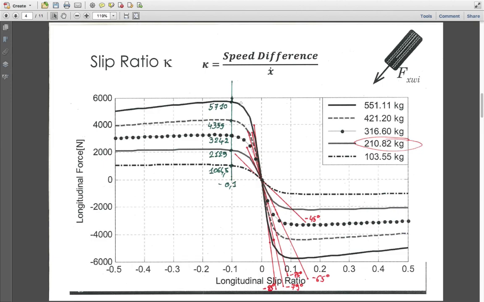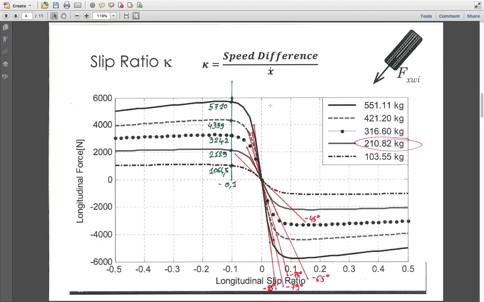Well, you can clearly see that the value drops with increasing longitudinal slip ratio. However, the maximum points are at a somewhat constant x value, or a constant longitudinal slip ratio value, of minus 0.1, or if you look at the other side, plus 0.1. And then I had these different maximum values read from the graph that we got.